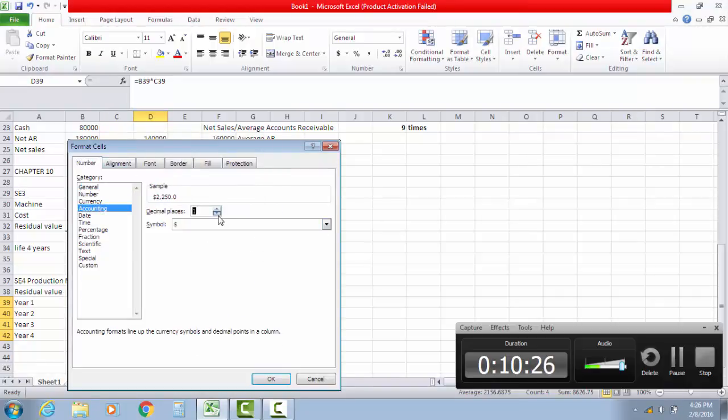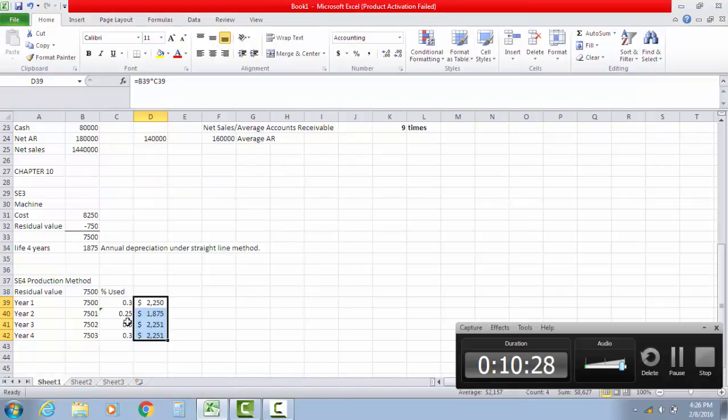So I will fix that right now. And then year 3, we are going to use 2,200 hours. And then year 4, we are going to use the remaining 1,400 hours.